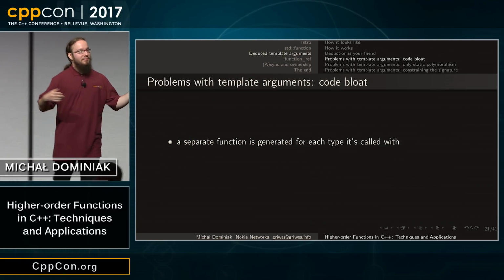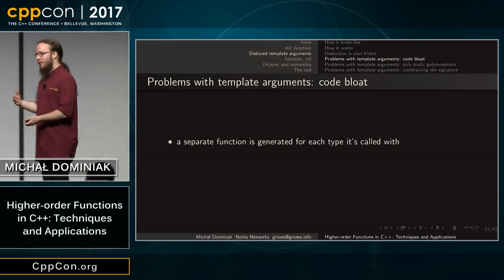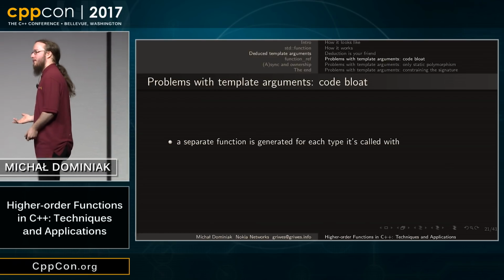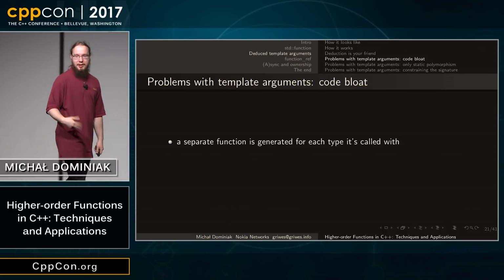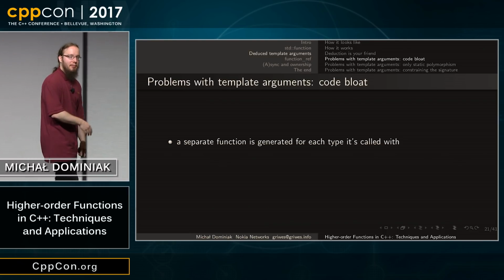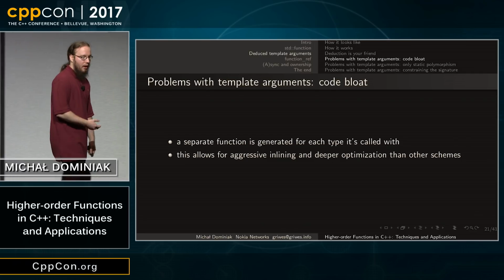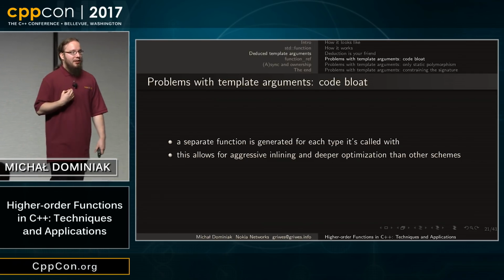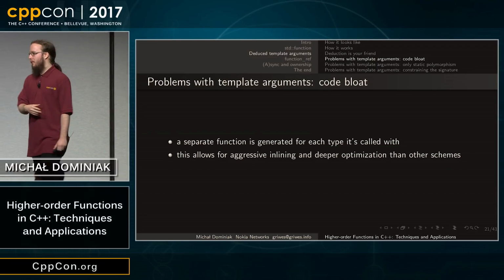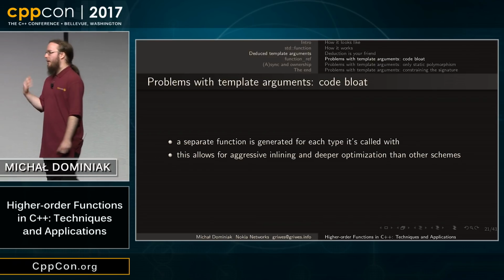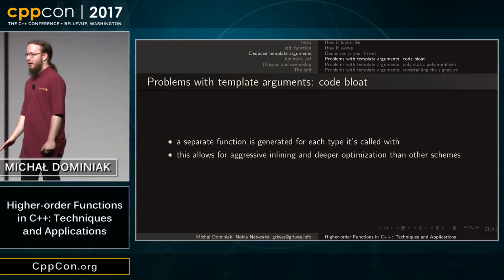All right, so code bloat is often an argument against templates, right? And we are generating a new function for everything that we pass into some other function. This allows the compiler to do more, because the compiler knows exactly what's going on. It can inline more aggressively, optimize more aggressively.